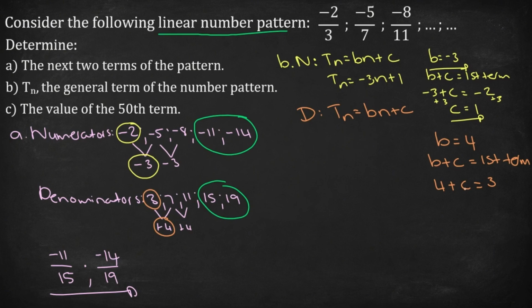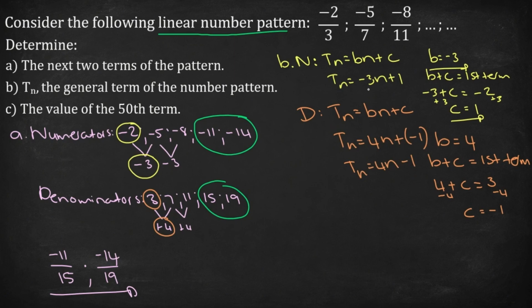Now we want to get the c on its own. Therefore, I'm going to subtract 4 from both sides of this equation. That means that c is equal to negative 1. All we need to do now is to substitute these two values into this formula. Tn equals 4n plus negative 1. Tn equals 4n, and then plus multiplied by negative is negative 1.